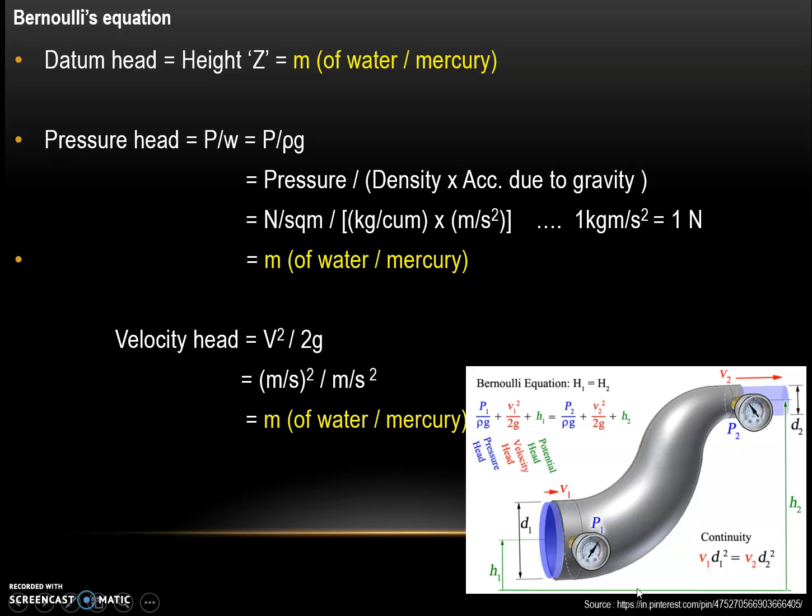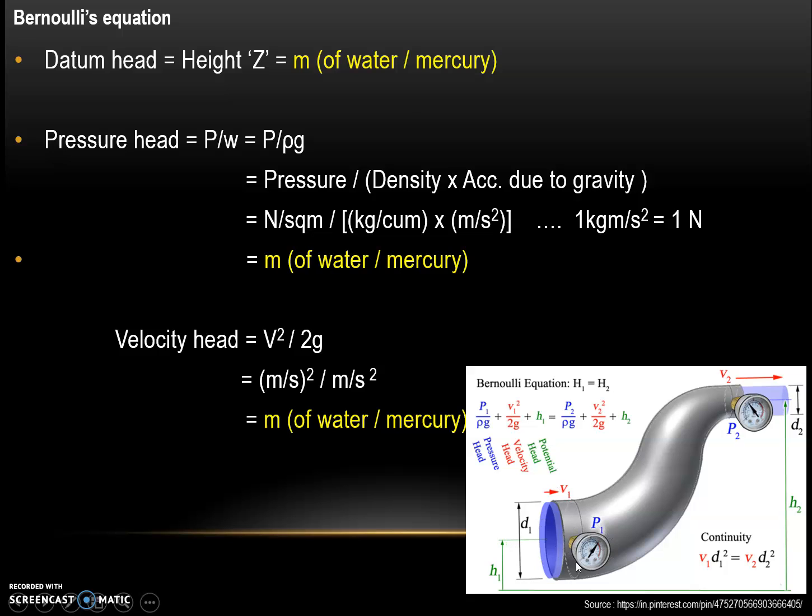The distance between the datum line and the center of the pipe at section 1 will be H1. So H1 is nothing but the datum head at section 1, or H1 can also be known as potential head.